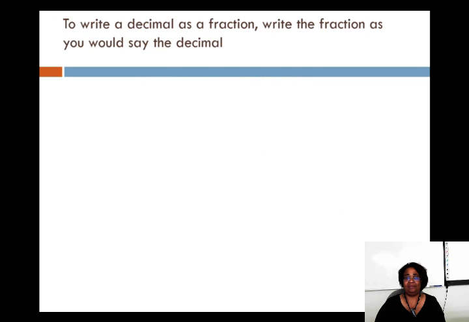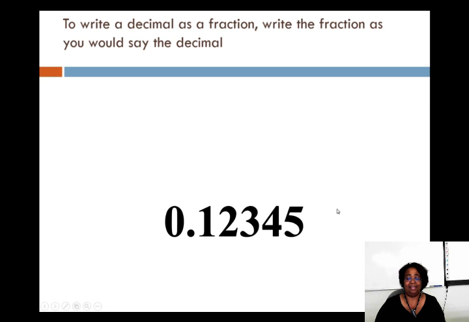All right, now to write a decimal as a fraction, you need to write the fraction as you would say the decimal. So a lot of people forget this. Now, how would I read this number? 100. Is it 100? How would I write or say this number? 1200. Not 1200.